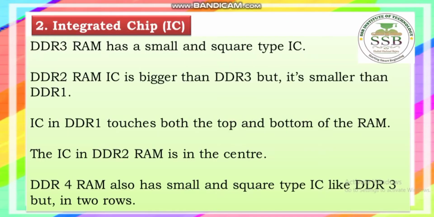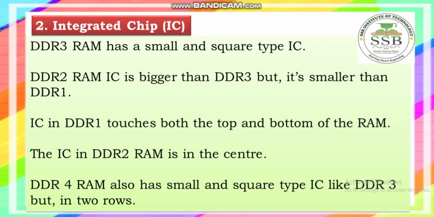Then what is the IC? DDR3 RAM has a small and square type of IC. DDR2 RAM IC is bigger than DDR3 but it is smaller than DDR1. So you can remember all these things. The IC in DDR1 touches both the top and bottom of the RAM.